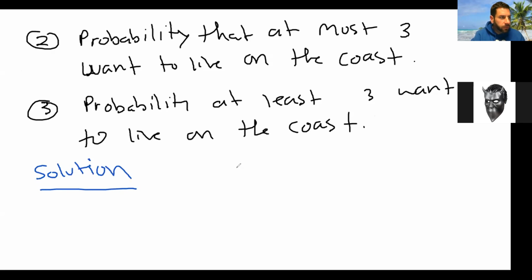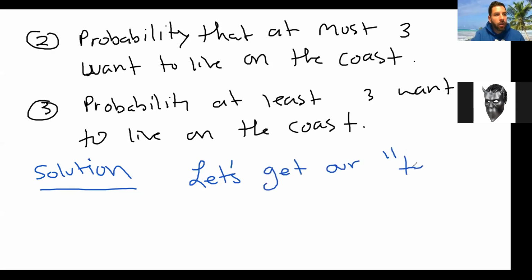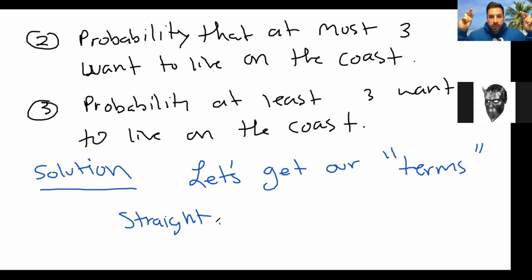Okay, so what we want to do is let's get our terms straight. That's what I want to do. So I want to make sure I understand what everything represents. What letter is going to represent this? What letter is going to represent that? What are we calling a success? What are we calling a failure?